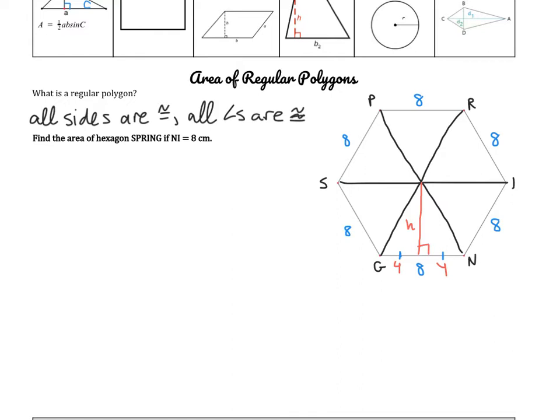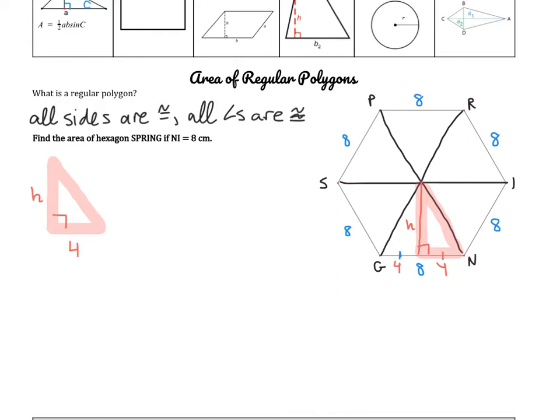Okay, so here's what we have right now. I'm going to steal this little portion right here, and I'm going to redraw it over here. Okay, so we know that this is 4, we know this is 90, and this is the height we're trying to find.